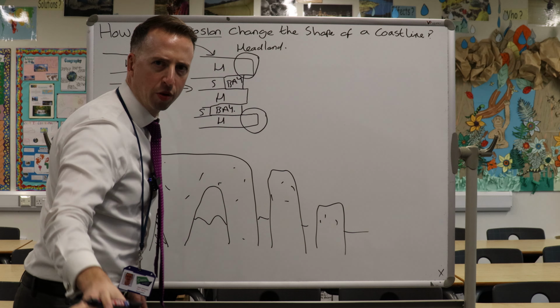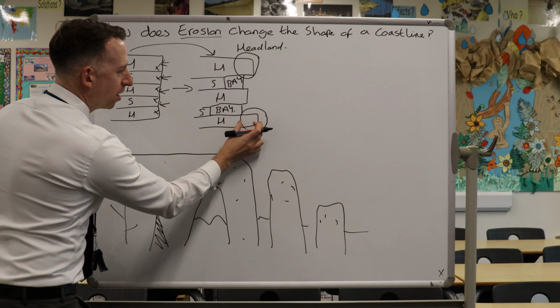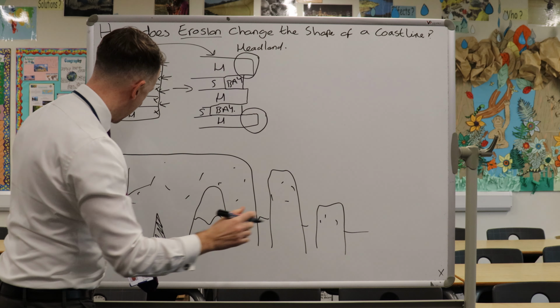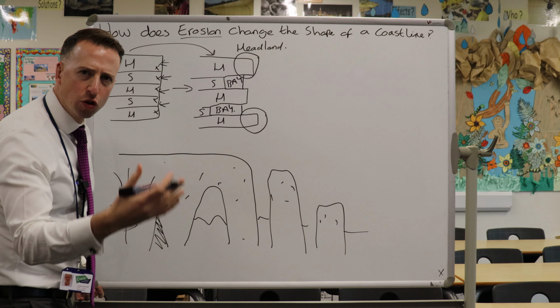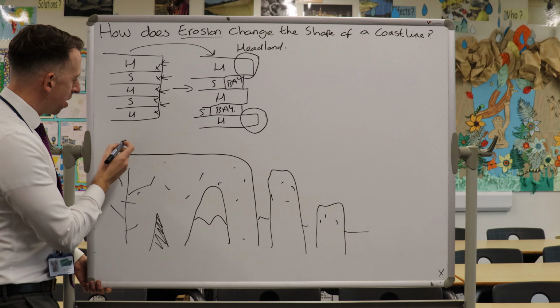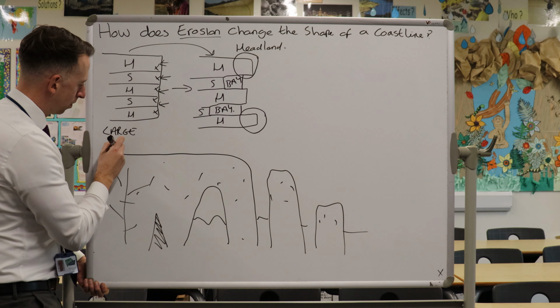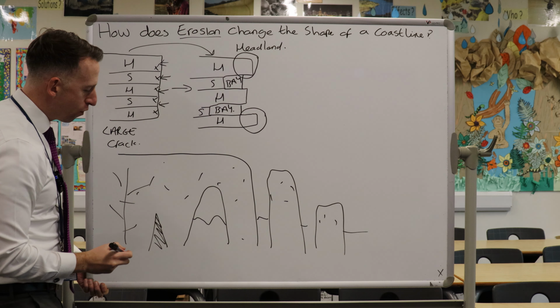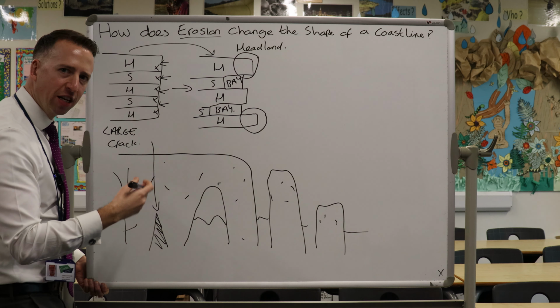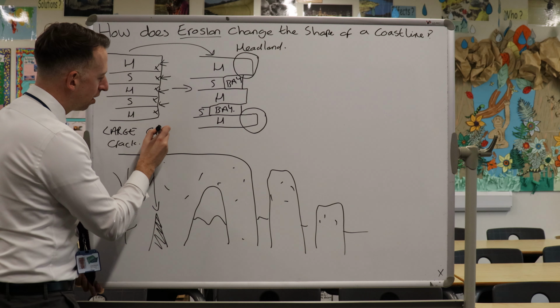Okay, use some imagination. So the headland, we're now looking at it side on, okay? So obviously it's rock, there's loads of cracks. Small cracks will turn into large cracks. Those cracks over time will eventually turn into a small cave.